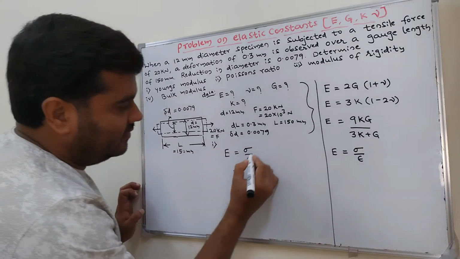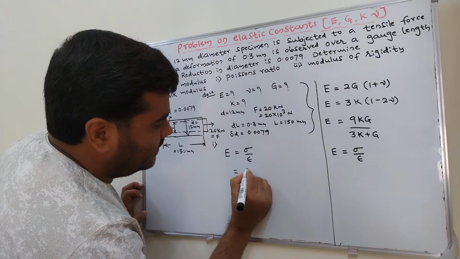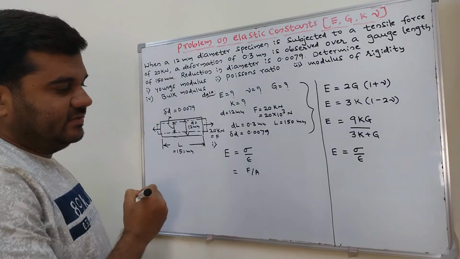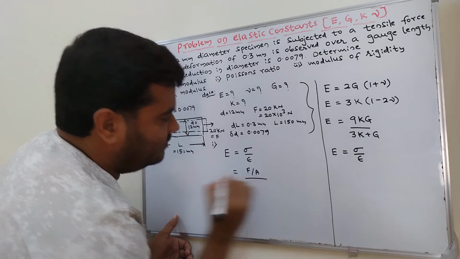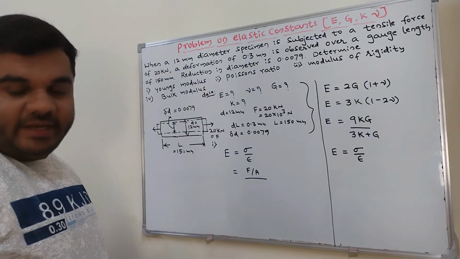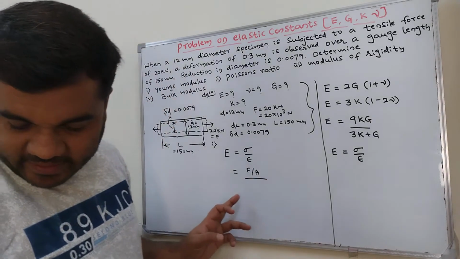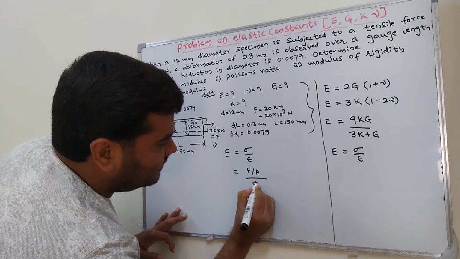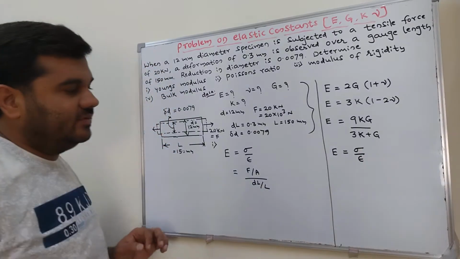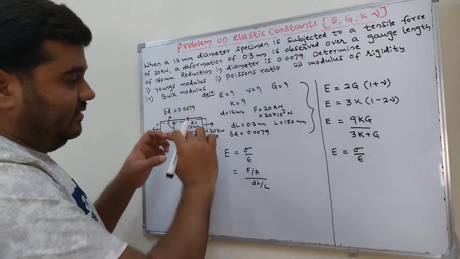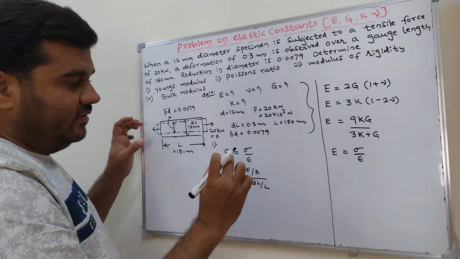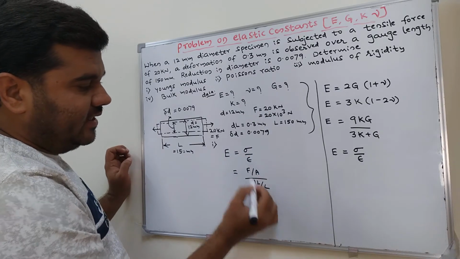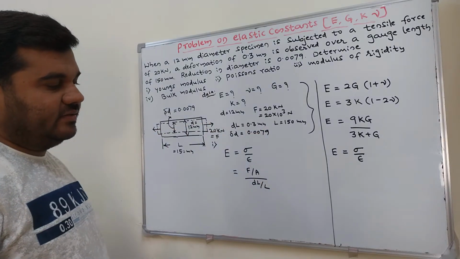And how about the strain? Strain is change in length divided by original length, the strain along the linear dimension we need to consider. So stress is load by area, divided by strain, which is change in length divided by original length.